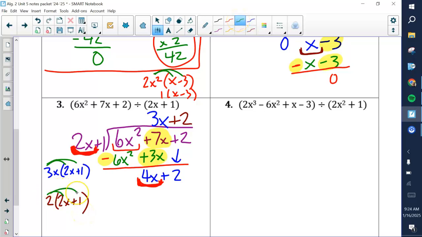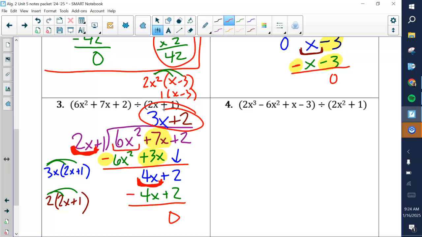If I distribute that, 4x plus 2. Again, both of these zero out, so a remainder of 0. My quotient is 3x plus 2.